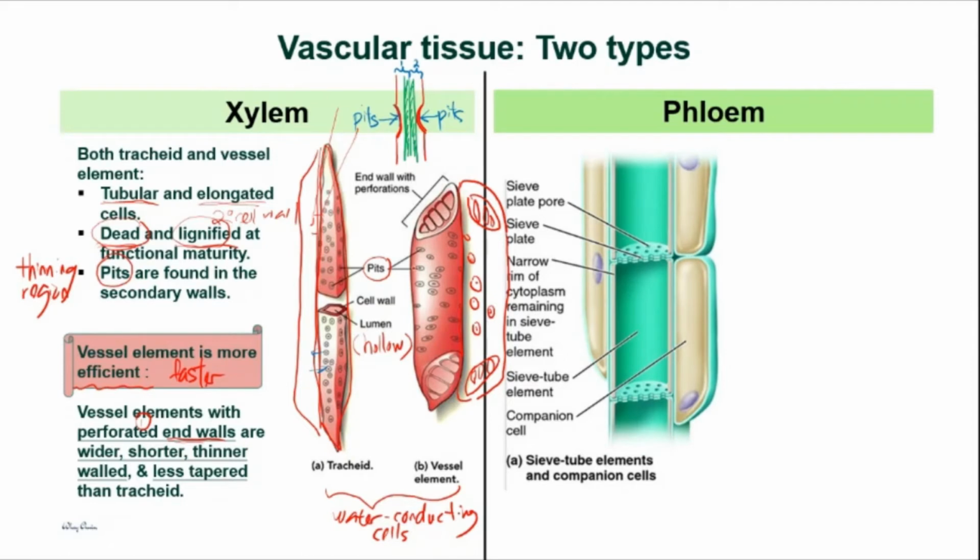End wall ni, kita tengok kita punya vessel element kan, dia adalah satu sel yang macam tube. Kita ada cell wall yang ada pits, tetapi di hujung dia kita panggil end plate atau end wall. End wall ialah di hujung sini. Dia bukan cell wall yang tutup sepenuhnya.